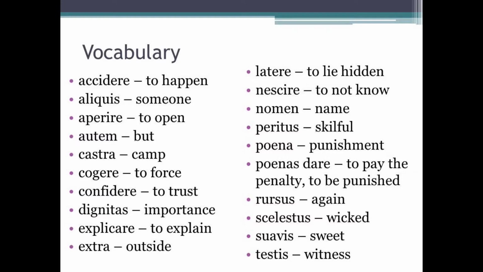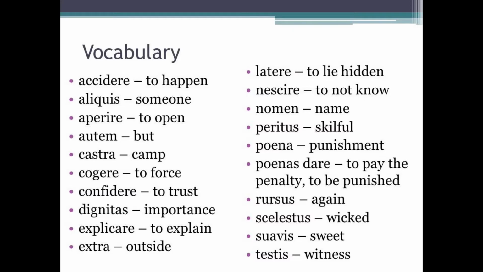Right, so as always, it's time to go over some new vocab. Accidere, to happen. Aliquis, someone. Apparere, to appear. Autem, but. Castra is a camp. Cogere, to force.